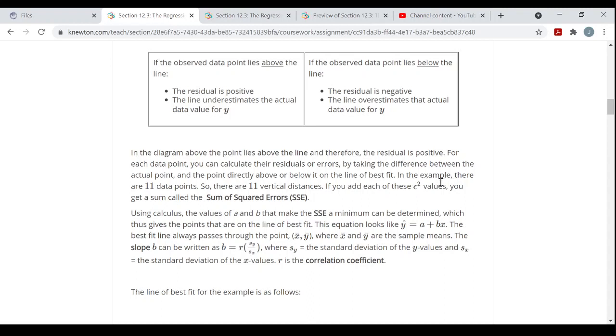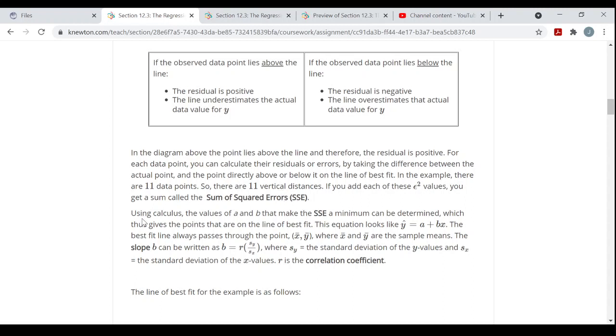In the example, there are 11 data points, so there are 11 of these distances. And then you take all the errors, all 11 of those differences, and square them and add them up. That's this sum of squared errors that was being talked about earlier, SSE.